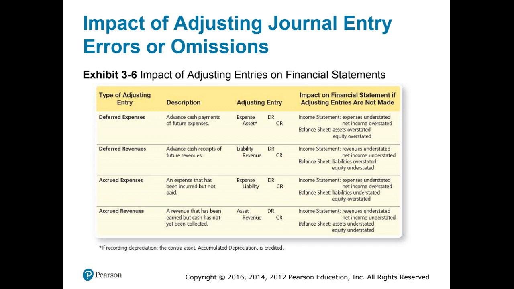For deferred revenues, these are advance cash receipts of future revenues. The adjusting entry for a deferred revenue, you would debit liability and credit revenue. If you did not make the adjusting entry, your income statement revenues would be understated, and your net income would also be understated.